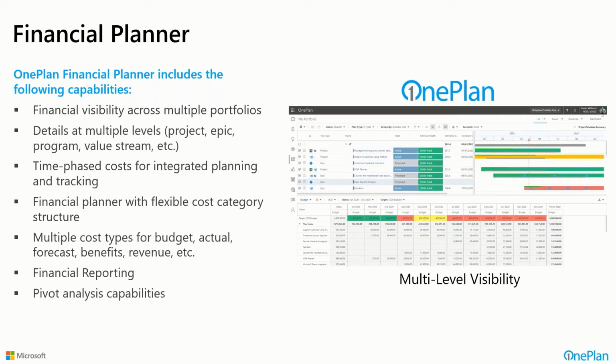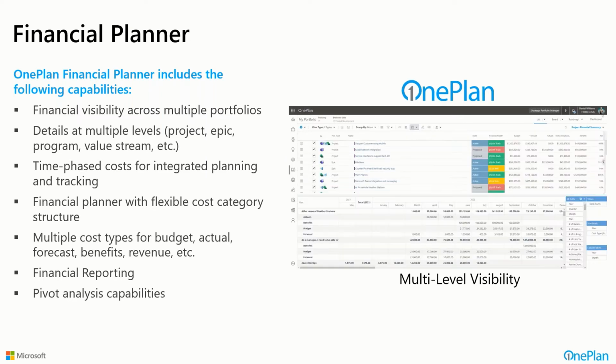Time phase costing for integrated planning and tracking, a financial planner with a flexible cost category structure that you define, and then multiple cost types where you might have an original budget, you might have revised forecasts, you might have actuals, you might even forecast revenue or benefits that you want to track and have even benefit realization there. And then financial reporting that's a natural output out of this data, and even pivot analysis capability right within OnePlan, that you can do some pivot table types of analysis right within here for the data that you enter in OnePlan.